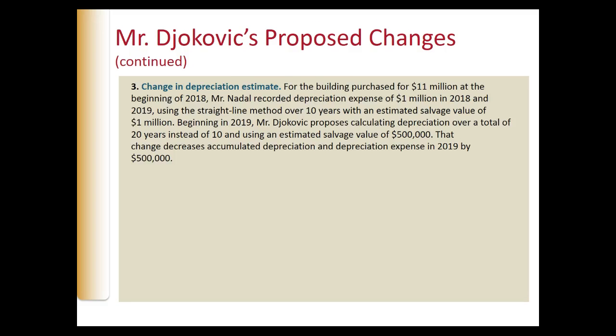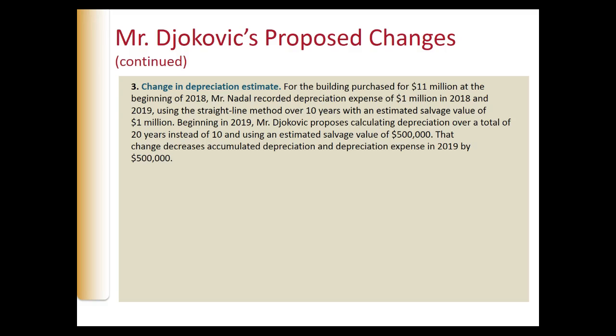He also proposes a change in depreciation estimates. So Mr. Djokovic thinks that when the building purchased for $11 million in 2018, Mr. Nadel recorded depreciation expense of $1 million in 2018 and 2019 using the straight line method over 10 years with a salvage value of $1 million.